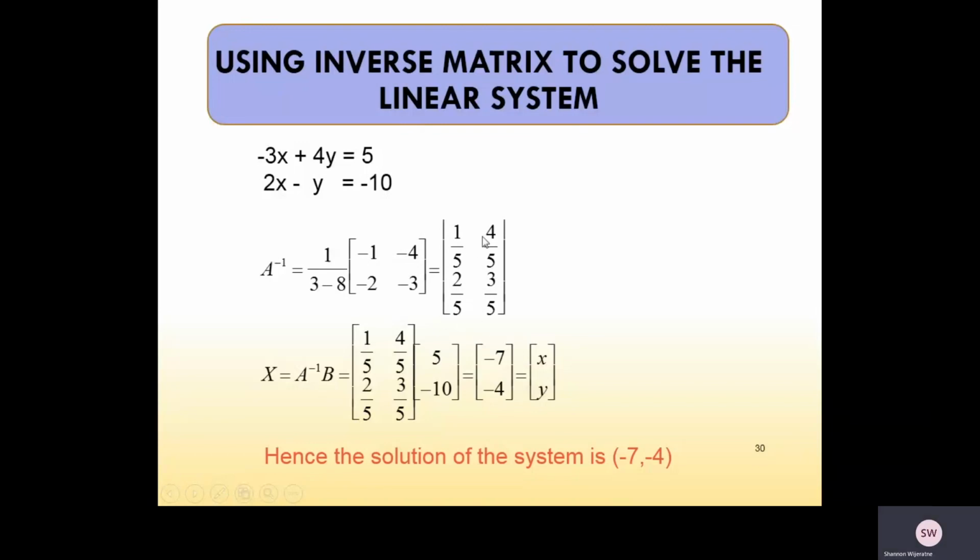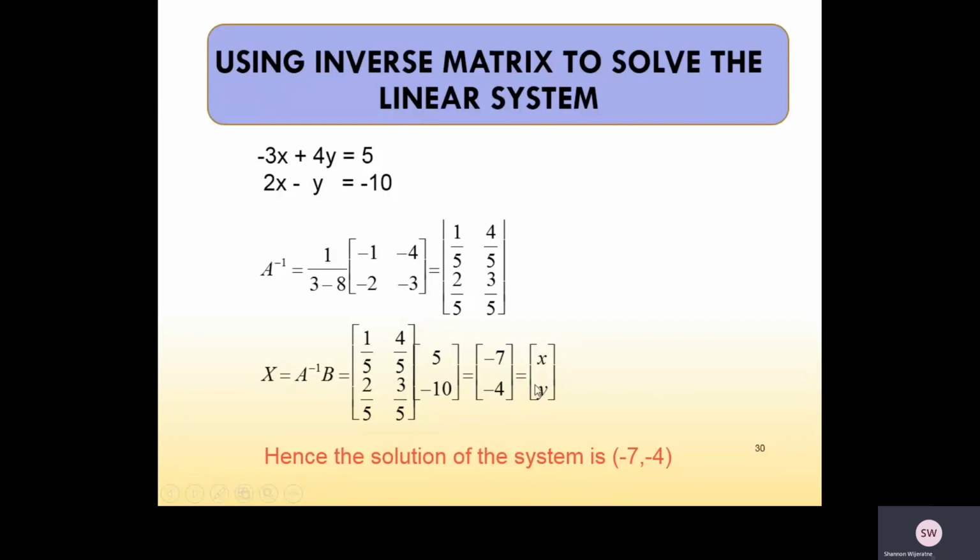And then we have to multiply this inverse of A with B. This is a 2 by 2 matrix and B is a 2 by 1 matrix, so the multiplication is possible. Here you perform the matrix multiplication. After multiplying these two matrices, X is equal to this column matrix, minus 7 and minus 4.